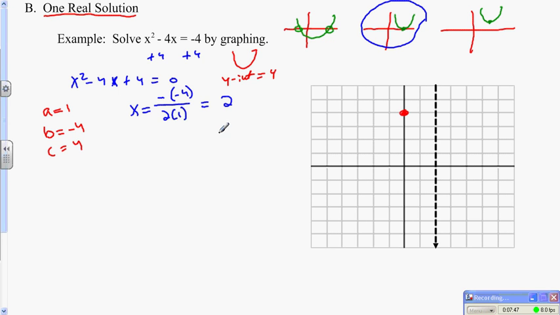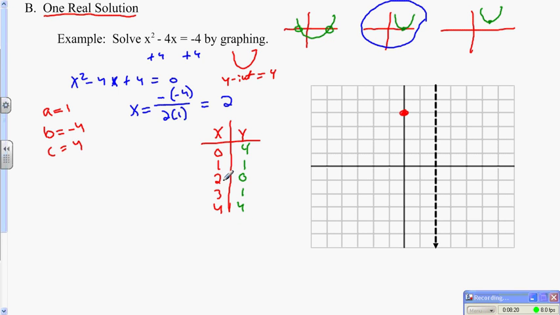So we plug some points in, and we have, again, a 0, which gives us the y-intercept. Plug in a 1, 2, 3, and 4. If we plug in a 0, we'll get the y-intercept. Plug in a 1, we'll get a 1. Plug in a 2, we'll get a 0, a 3, a 1, and 4, a 4.